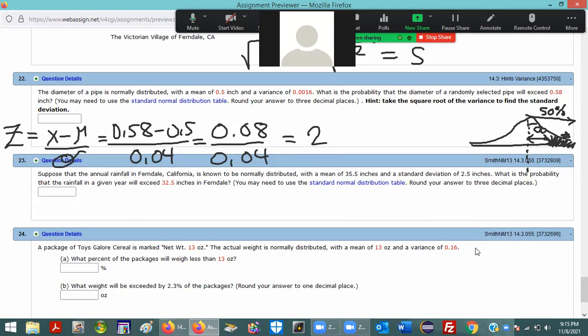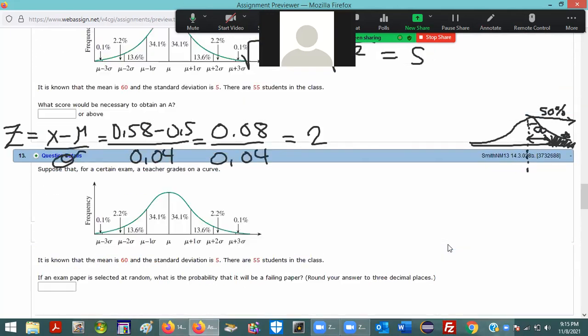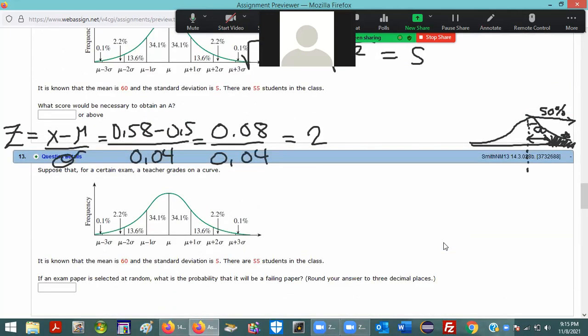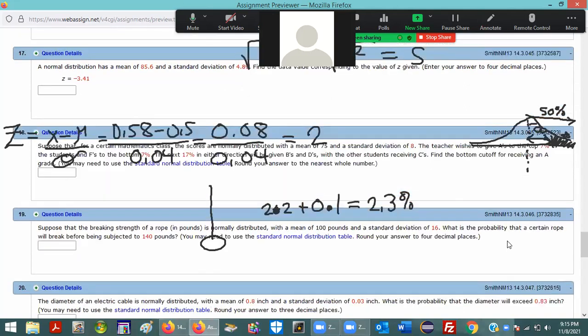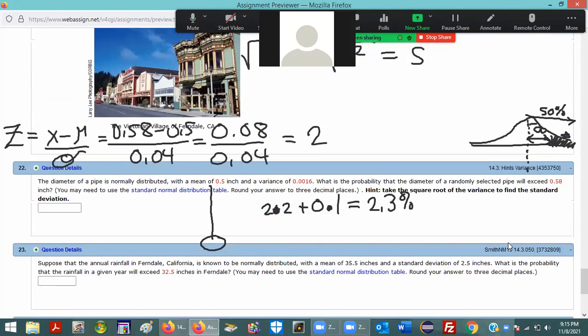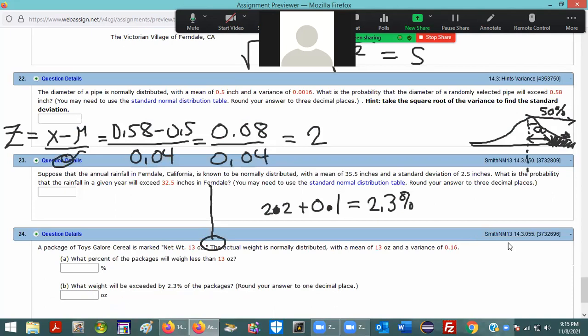We could look at our other charts from above too, actually, because when we have a z-score of 2, we're saying that we have 2.2 plus 0.01 for a 2.3%. That's above 2 standard deviations, right? So 2 standard deviations above the mean. I think we were at like 21, 22 there, right?